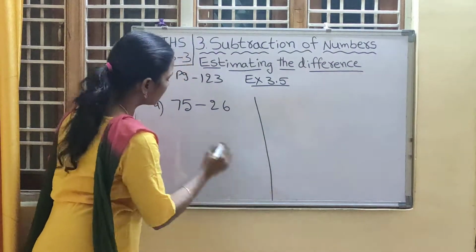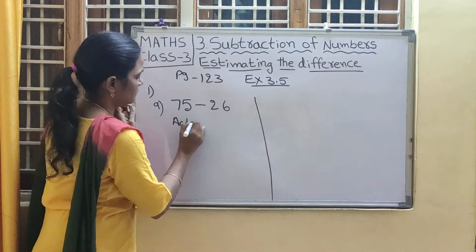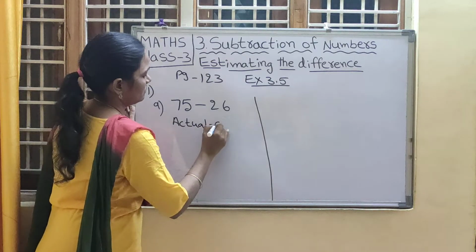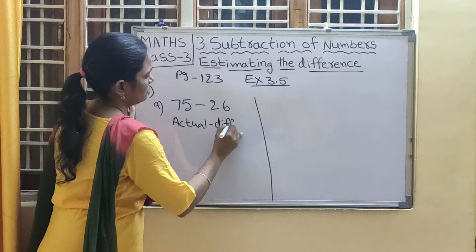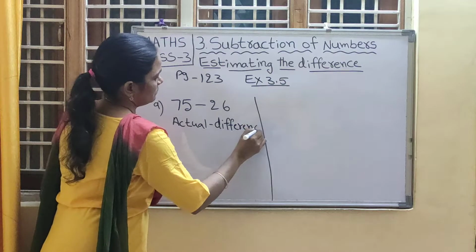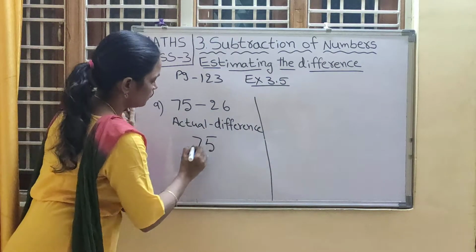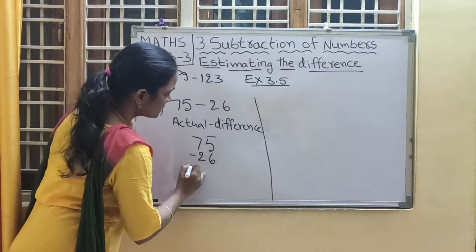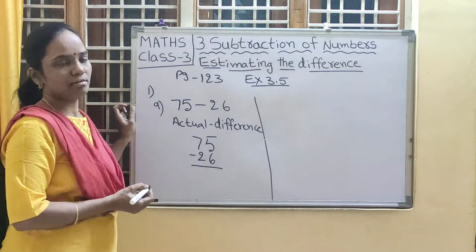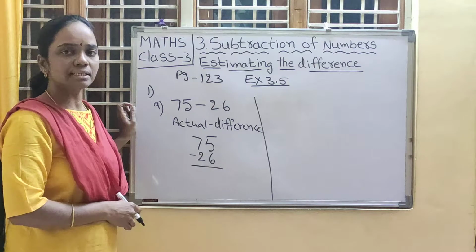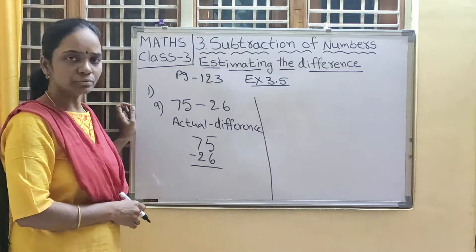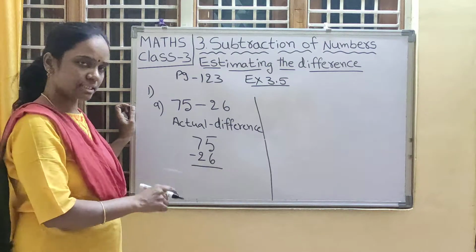So first, to find the actual difference, what are the numbers? 75 minus 26. 5 minus 6, can we subtract, children? No. What we have to do? We have to borrow from its next place.